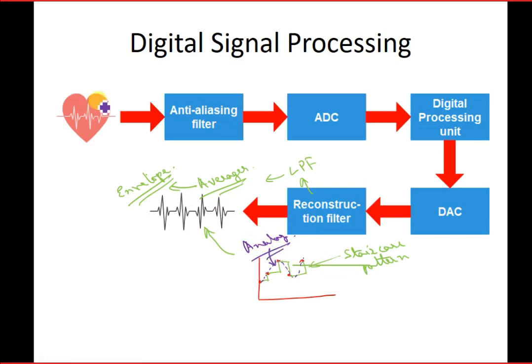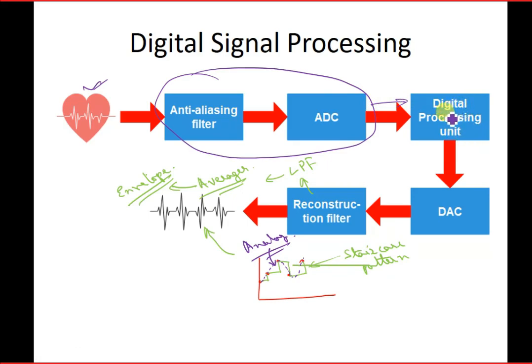So herein we have started with analog signal. We have applied certain techniques to convert the analog signal to the digital signal. Then we have put the digital signal into the digital processing unit.